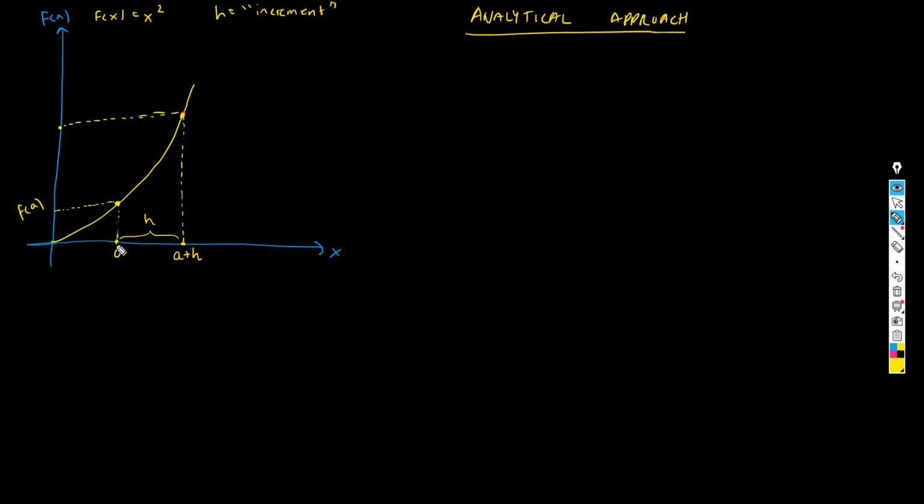Okay, and so what is the y coordinate corresponding to this point according to the function? In the same way as a and f of a, if this is a plus h, then this number should be f of a plus h.